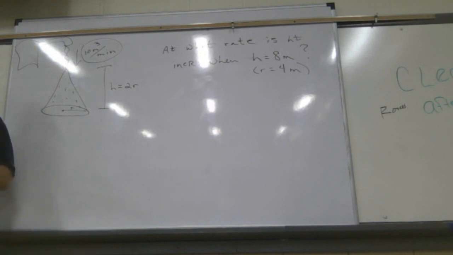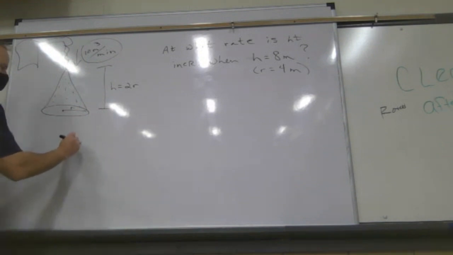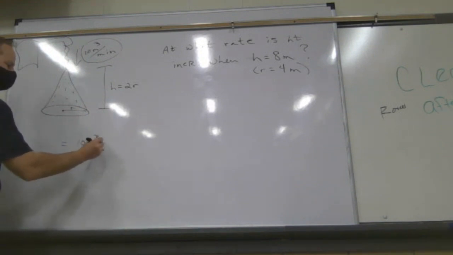It's a rate of change, right? So 1 minute later, 10 cubic meters more is on there. 2 minutes later, 20 cubic meters is on there. It's a rate of change, which is a derivative. A derivative is a rate of change, right? So what rate of change is this? Tell me what equals 10 cubic meters per minute.